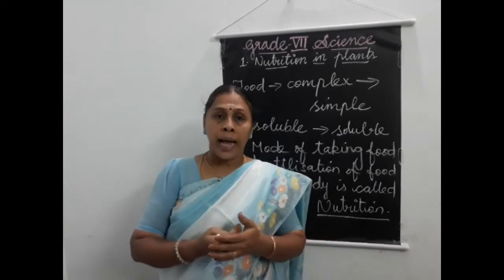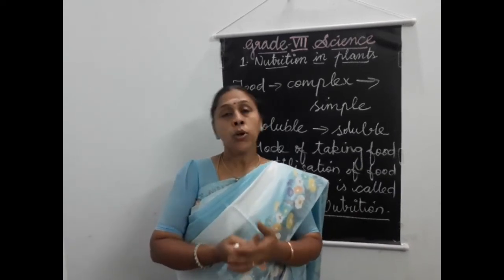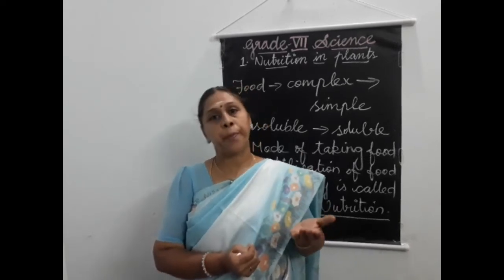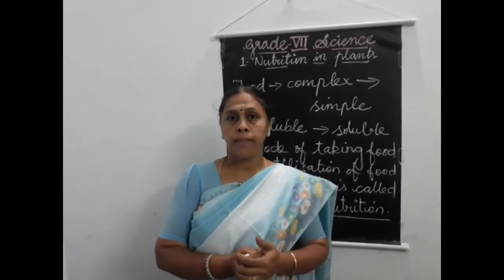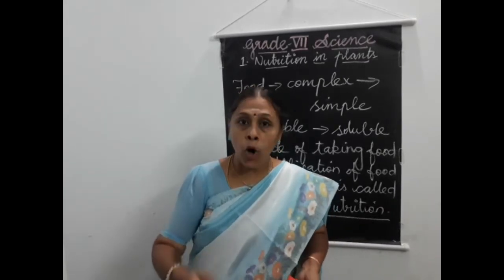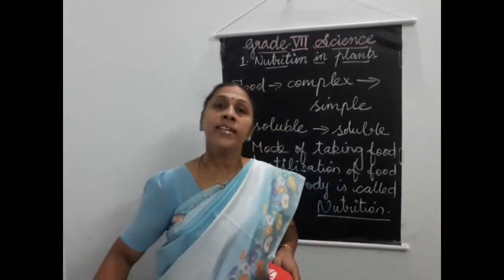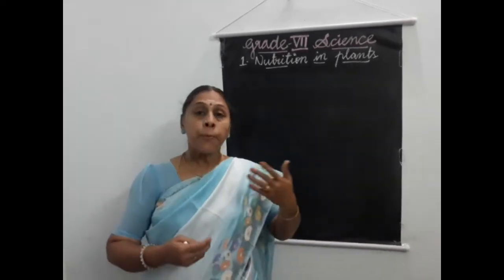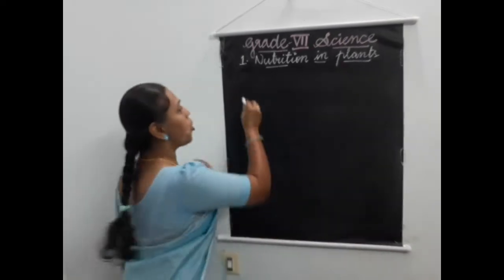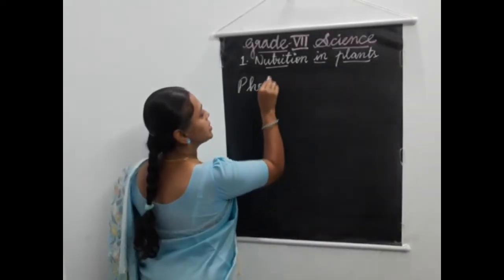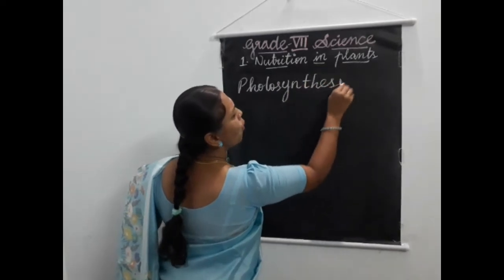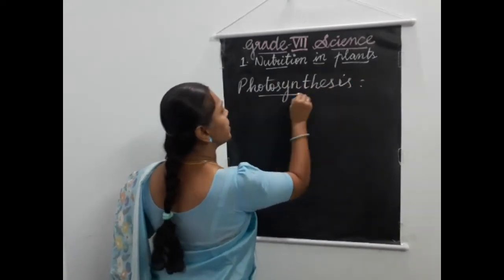Plants prepare their own food. You know, all green plants prepare their own food. How are they able to prepare their own food? By a process called photosynthesis. So for this photosynthesis, what all is necessary?